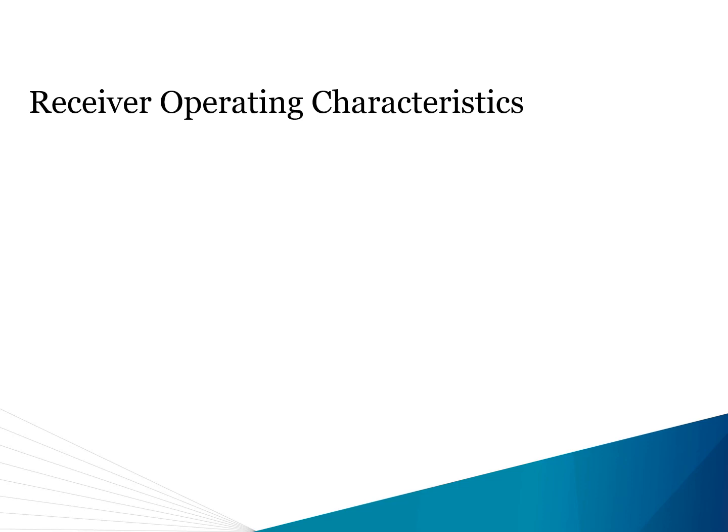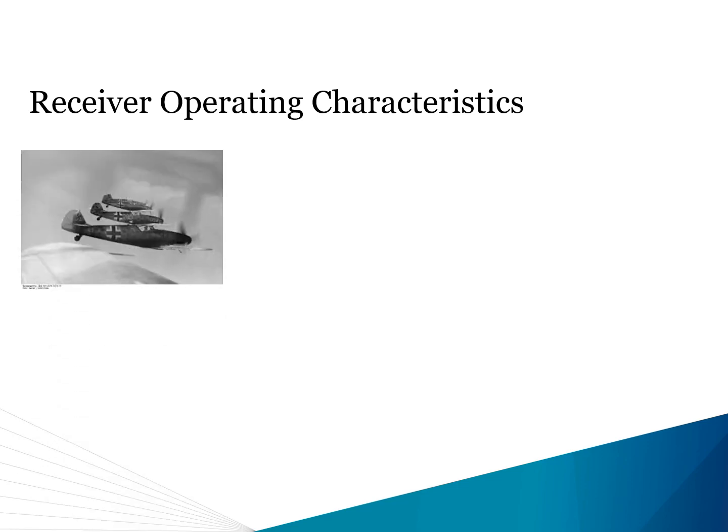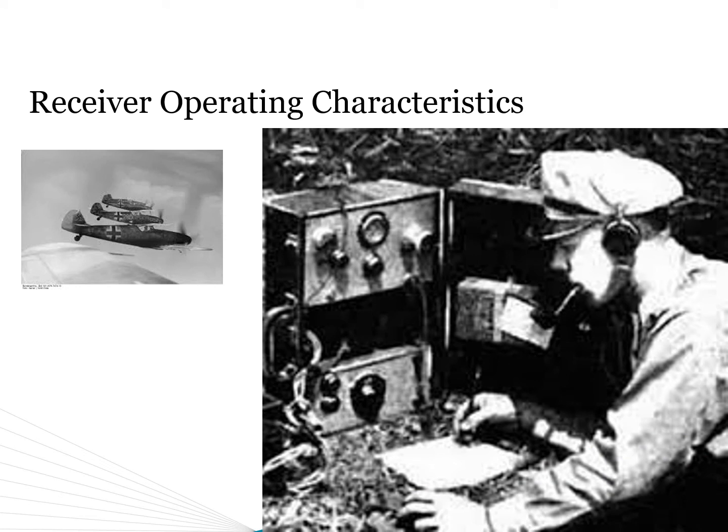The word receiver comes from the fact that these were used by radio operators, and they were developed during the Second World War, when radio operators had to tell if there were enemy aircraft coming in, and they found that they could either pinpoint exactly where they were but lose other information as to what they were, or vice versa. So you couldn't get a perfect location and a perfect indication of exactly what was coming in.